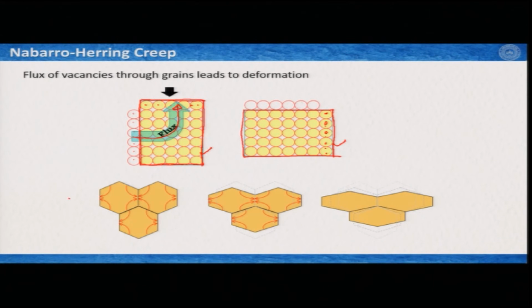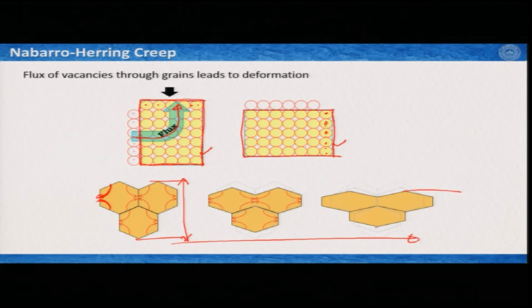Here is somehow the same example we have shown with 3 grains. So, this is how the atoms are moving from here to here, vacancies on the opposite side, and therefore you continuously strain the grain, and you can see that here, if I consider this is the initial distance, then here is the final distance or final height.